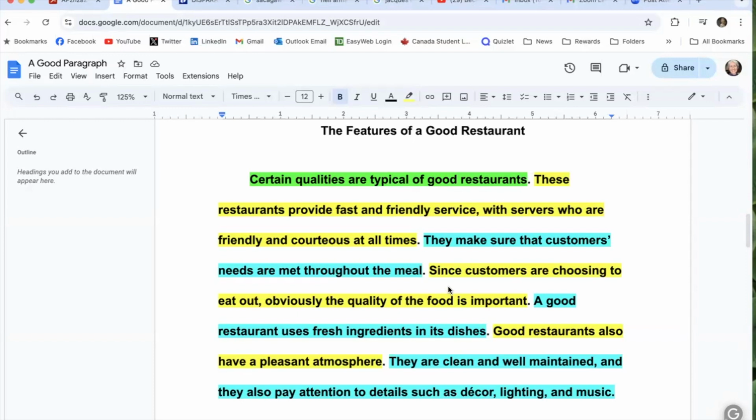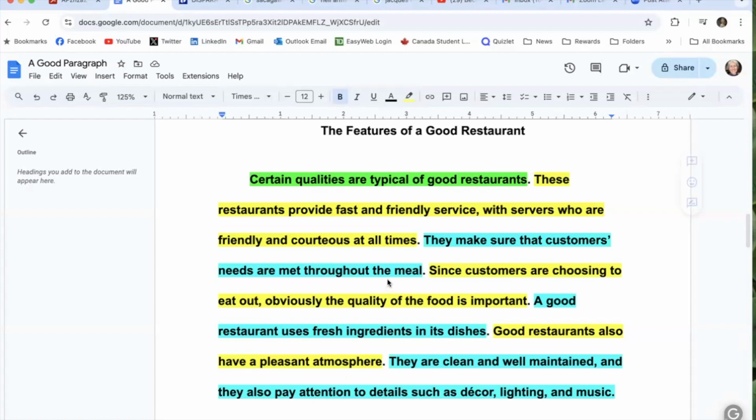Good restaurants also have a pleasant atmosphere. Good. So those are the 3 main things. We want good restaurants to have fast and friendly service, good quality food, and a pleasant atmosphere. Okay, those are the 3 main points.